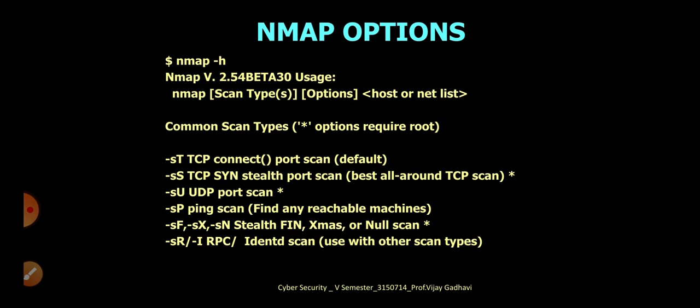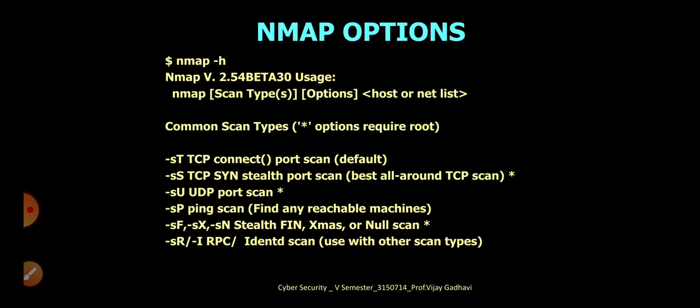Here we can see the symbols we can use. -sT is TCP connect for port scan, -sS TCP SYN for stealth port scan, and -sU UDP port scan. -sP is a ping scan used to find any reachable machines. -sF, -sX and -sN are FIN, Xmas or null scans. This is just a number of commands and how they work.